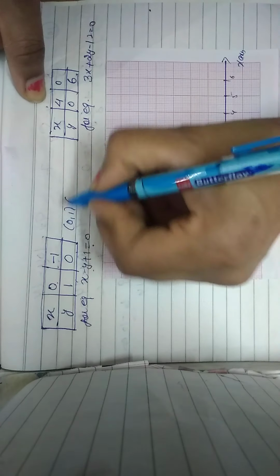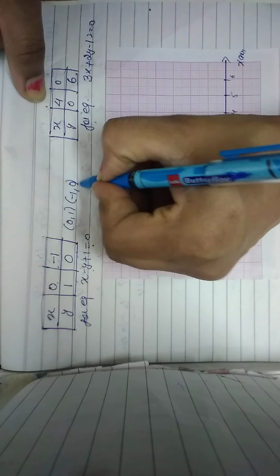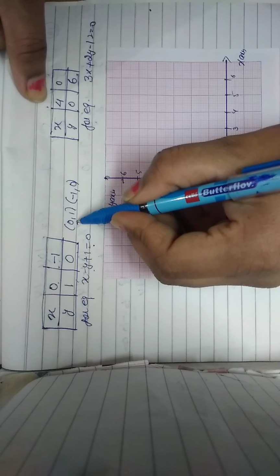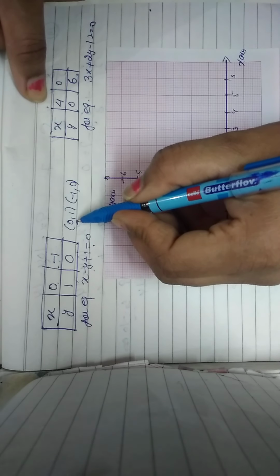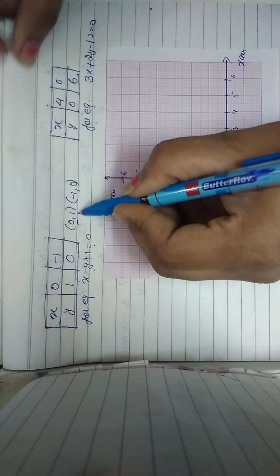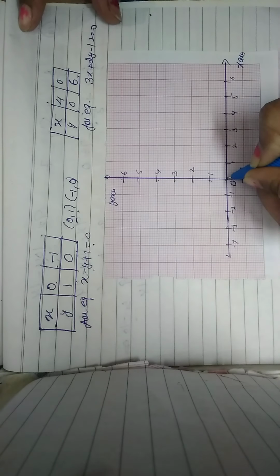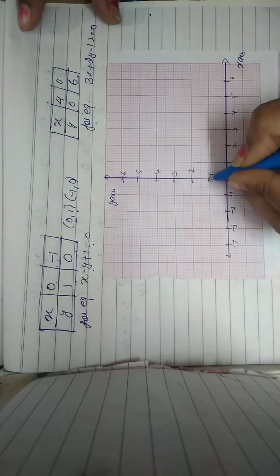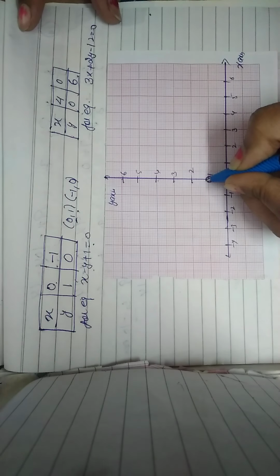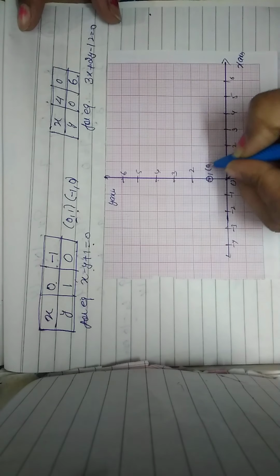Second is (minus 1, 0). Always take the first coordinate as the x coordinate, then y. X is 0 means this point. Now y is 1, so we go upward 1, and we reach here. Our point is (0, 1).